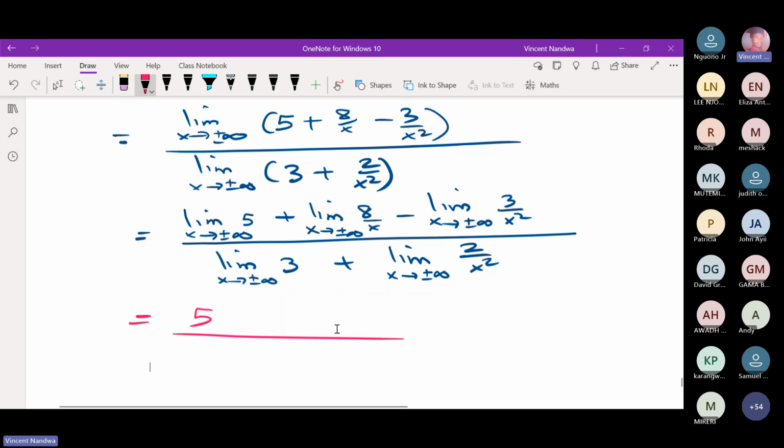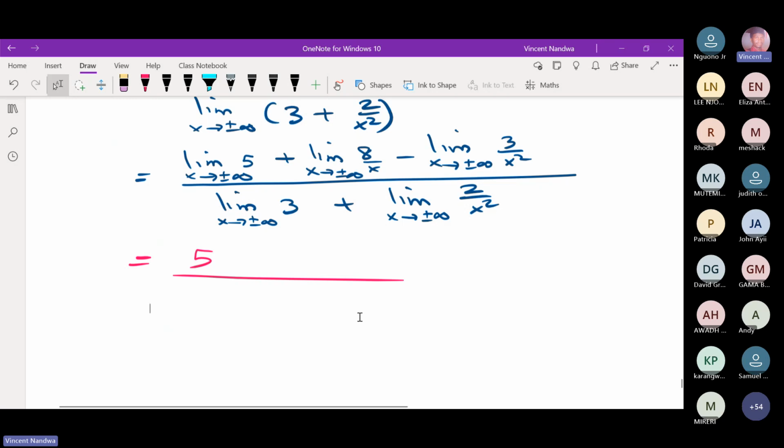I remember before we stopped in the previous class, we had already given this: as x approaches infinity of 1 over x. What is the value of this limit? 0.